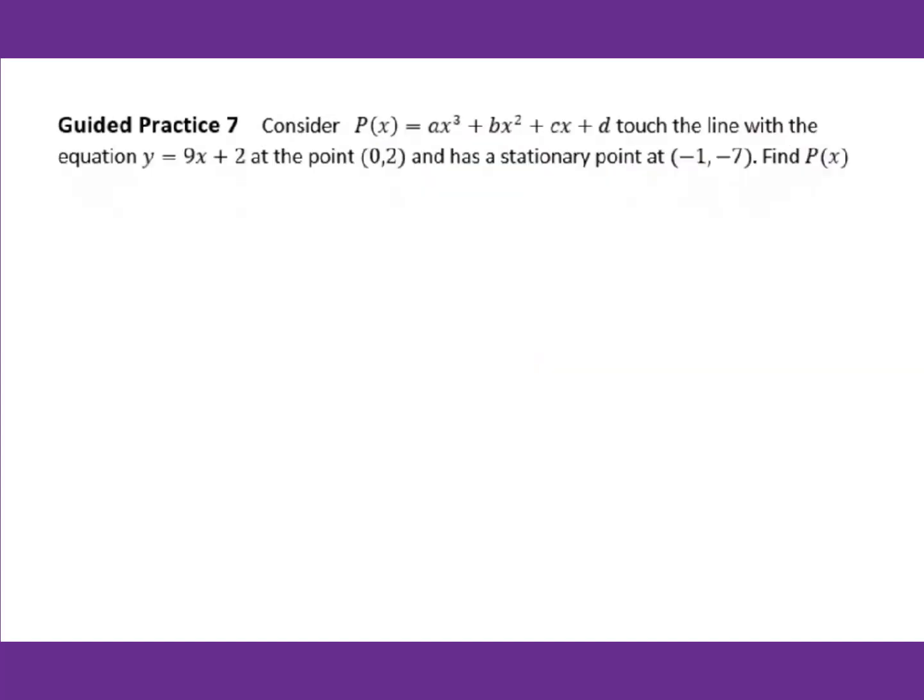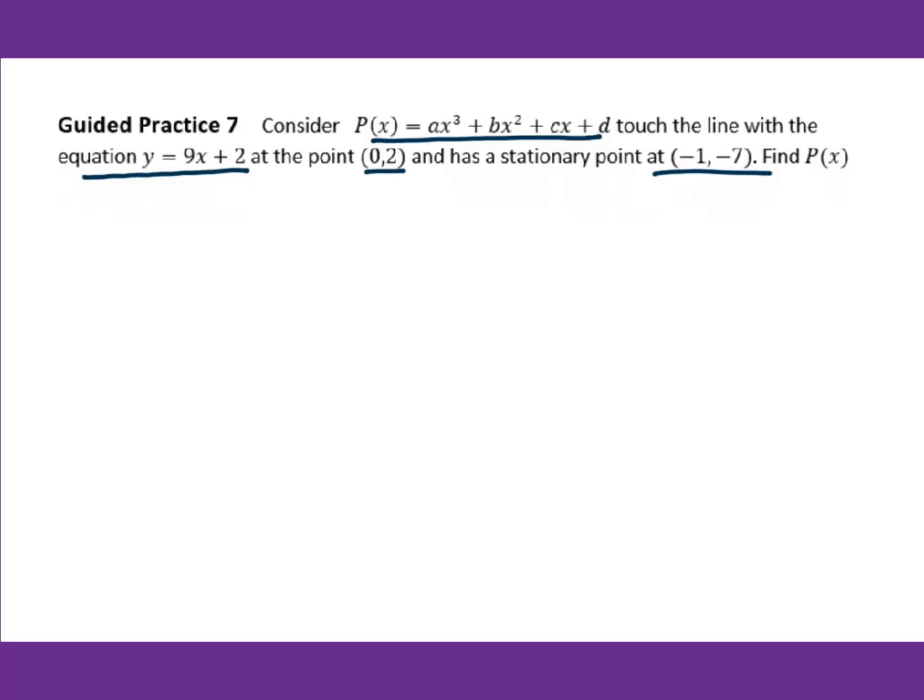Let's go to guided practice 7. Consider this: the cubic p of x touches the line with the equation y equals 9x plus 2 at the point (0, 2), and has a stationary point at (-1, -7). Find p of x.